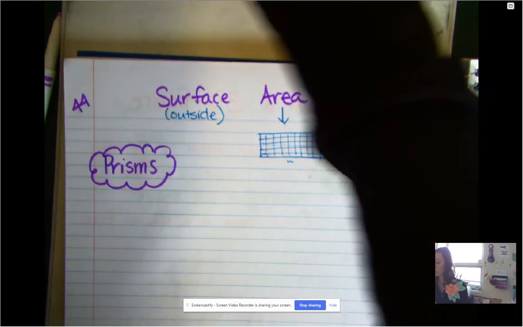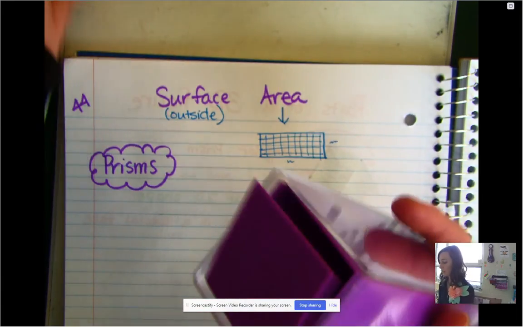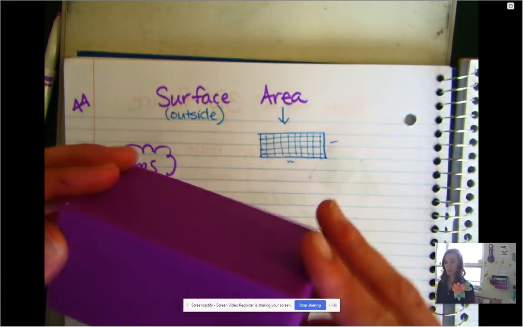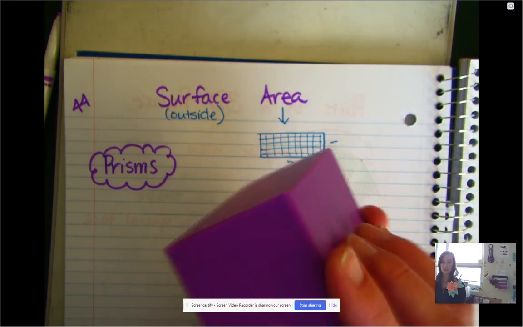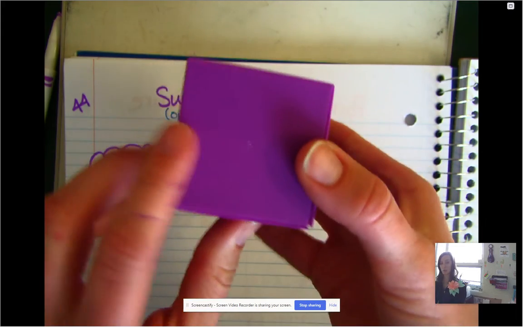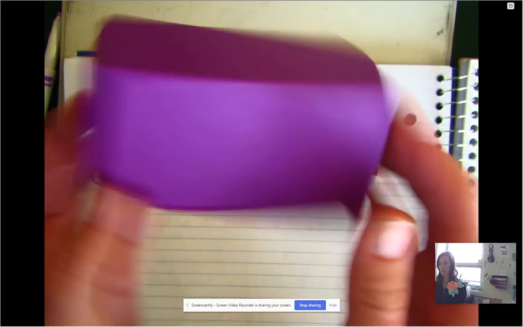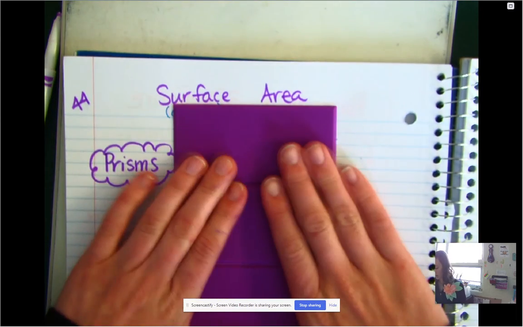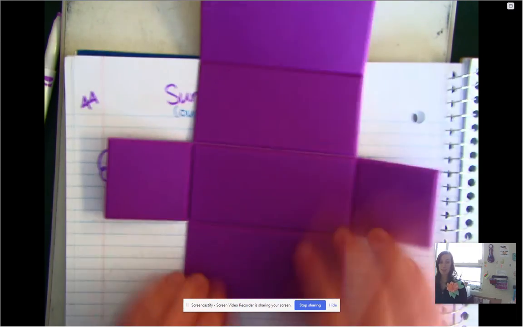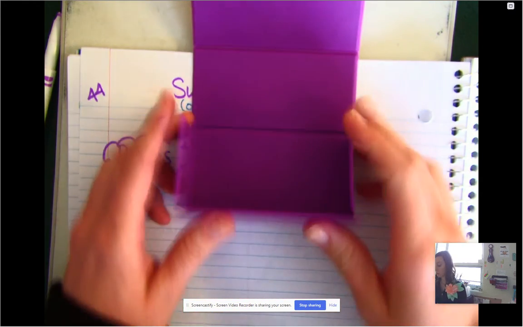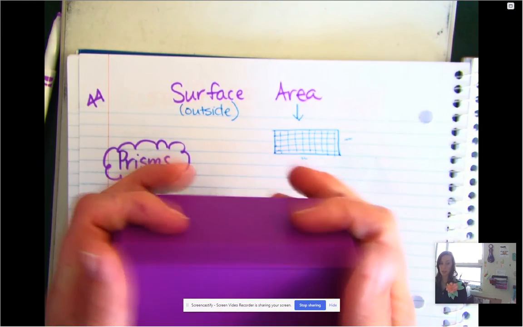The first thing you need to know is, if I take this out, this is a rectangular prism still, right? Got two identical square rectangular bases. If I unfold this now, this is a flat representation of what could be folded up to become a three-dimensional figure.